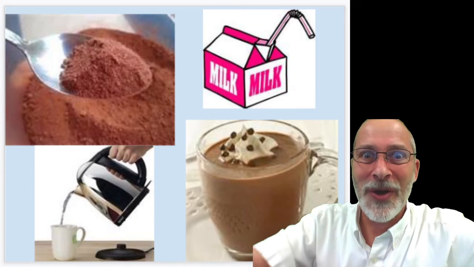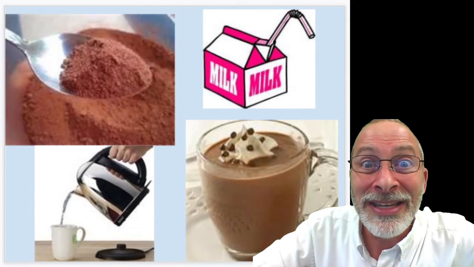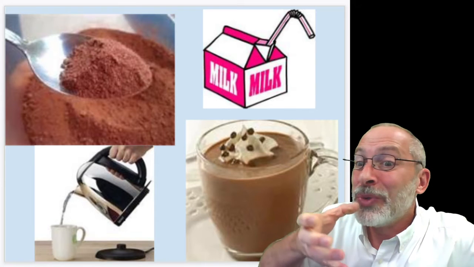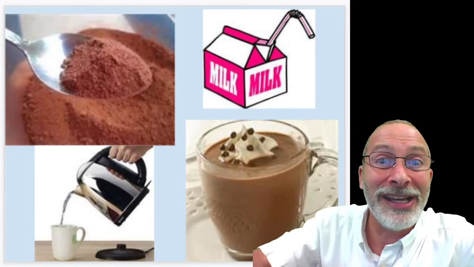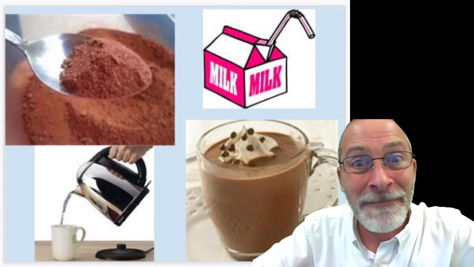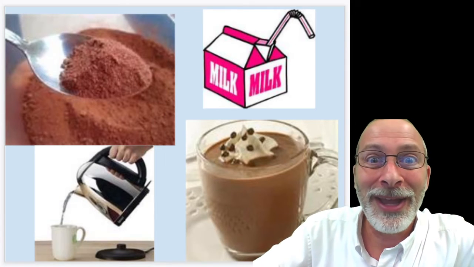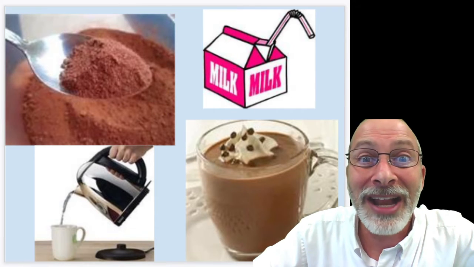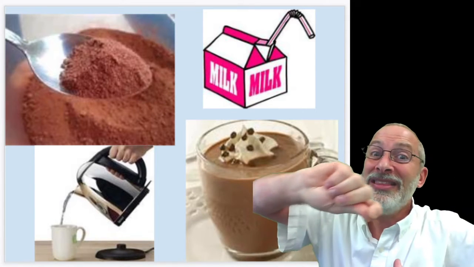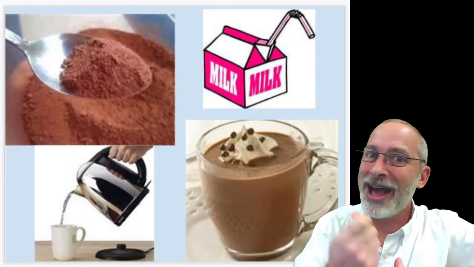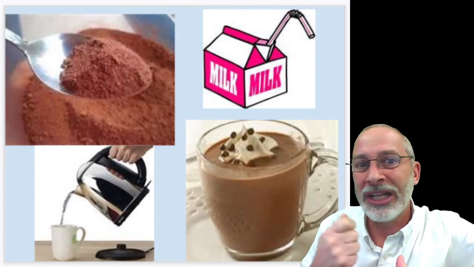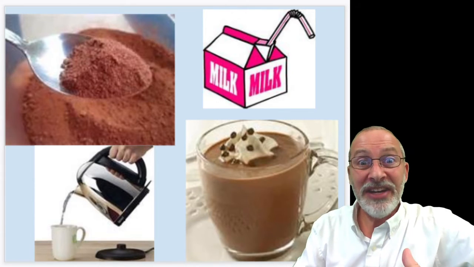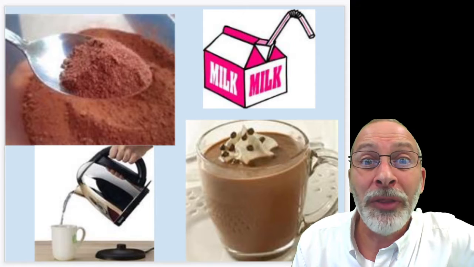I put so much chocolate mix into my milk that I'd have to hold on to that spoon because when I was done chugging that yummy sweet chocolate, there was always a thick chocolate syrup on the bottom of that glass that I would need that spoon to scrape out, and I would lick that spoon clean, and boy, just thinking of this, even as an adult, is making my mouth water.